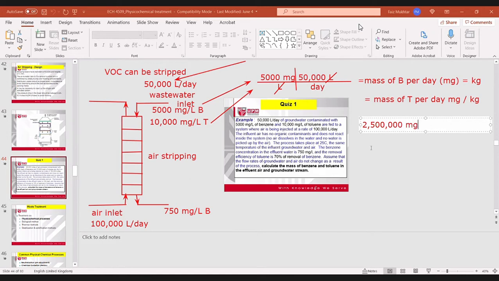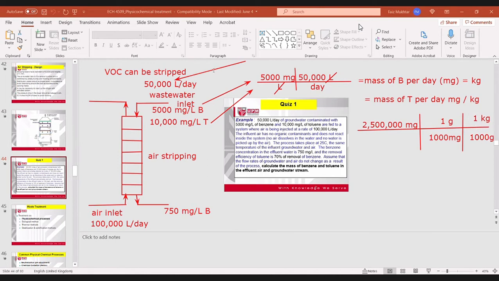So how to convert that to kg? 1000 milligram to 1 gram. 1000 gram, 1 kilogram.